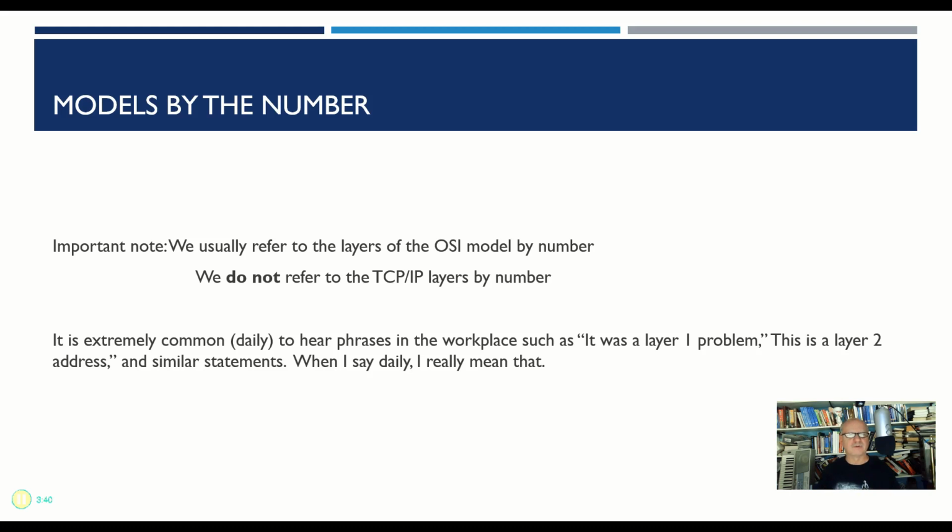If I say a layer 3 address, I know I'm talking about another kind of address. A layer 1, yeah, I have a layer 1 issue. Maybe a cable was bad or was unplugged. So this is just the way we talk. So you really have to get to know the OSI model and the numbers associated with those various layers and what they mean. It's very important. All right, that's it for TCP/IP model.